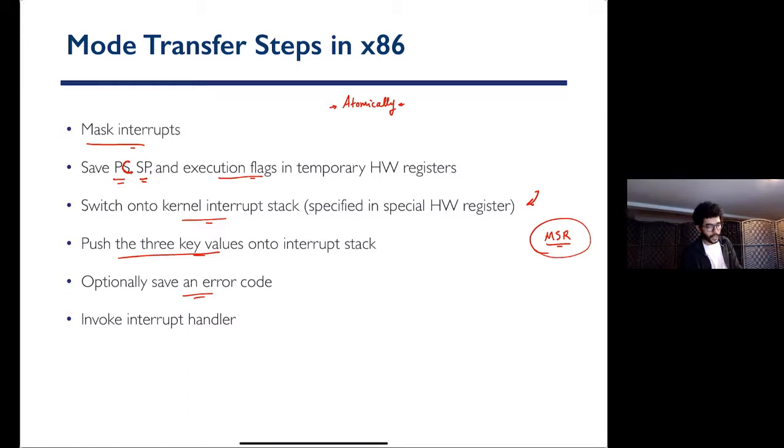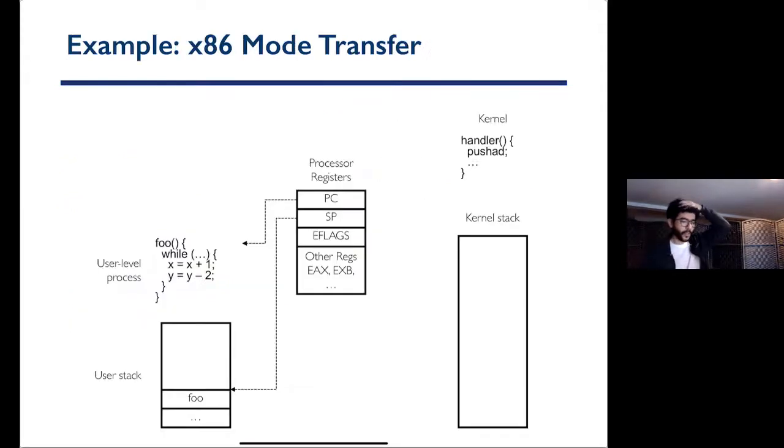And then lastly, hardware is going to invoke the interrupt handler, basically make PC point to the handler. All of these steps are going to happen atomically by the hardware. So let's look at them in some more detail.